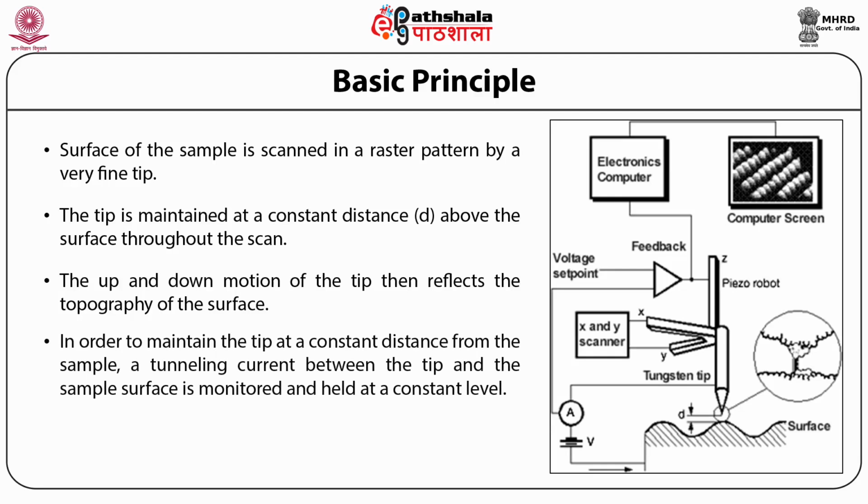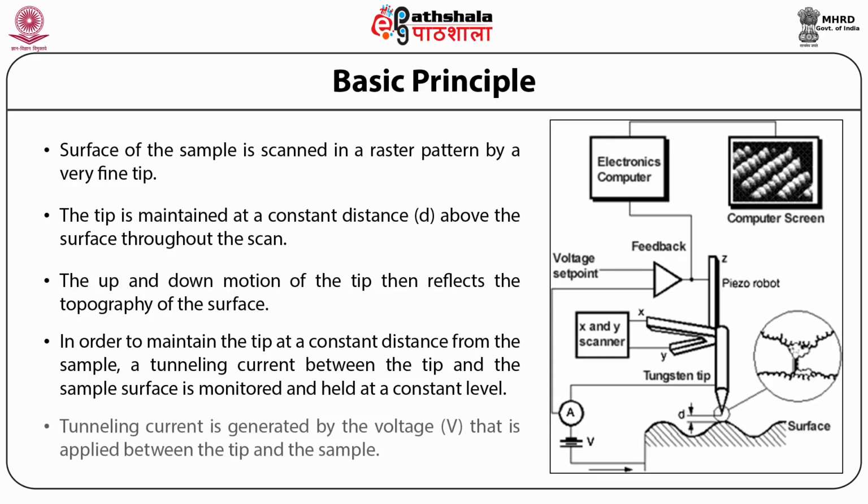In order to maintain the tip at a constant distance from the sample, a tunneling current between the tip and sample surface is monitored and held at a constant level. Here, the tunneling current is generated by the voltage that is applied between the tip and the sample as shown in the figure. It is based on the concept of quantum tunneling.